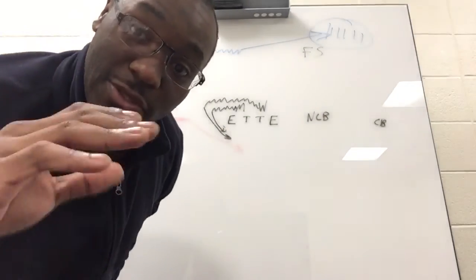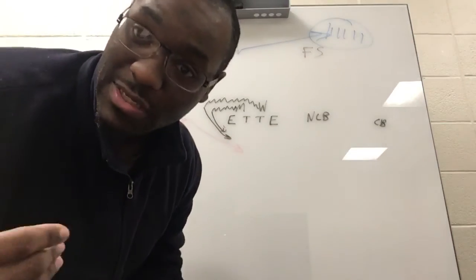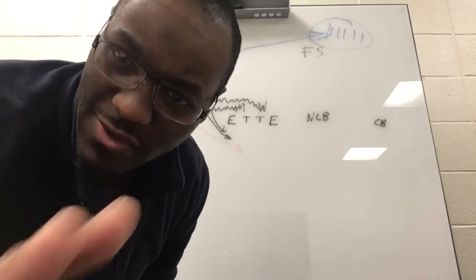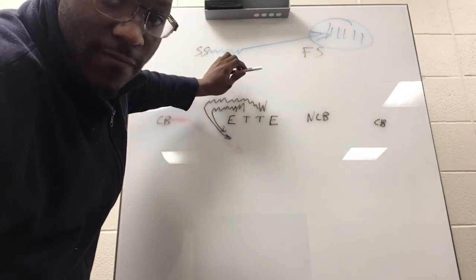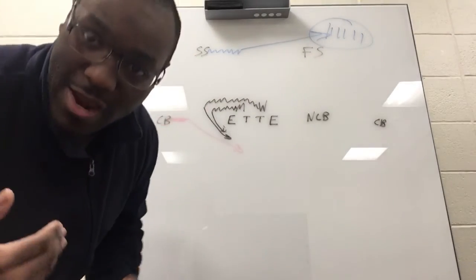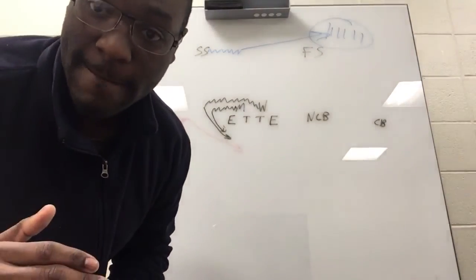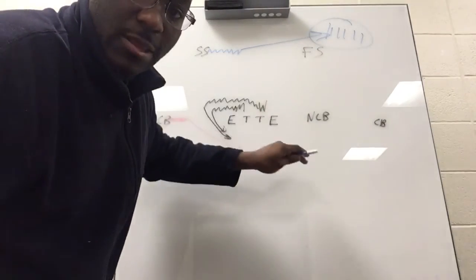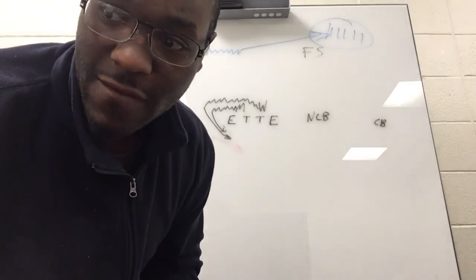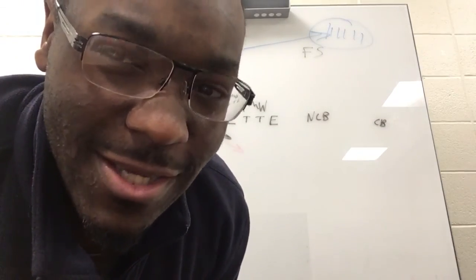For zone coverage, it's about getting players to move pre-snap so they're already drifting towards that direction before the play starts, and getting them in position to cover vacancies left by certain play calls that you have. Boom. Purpose of pre-snap motion on defense.